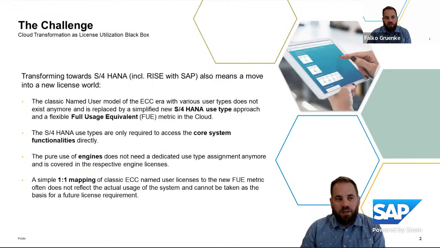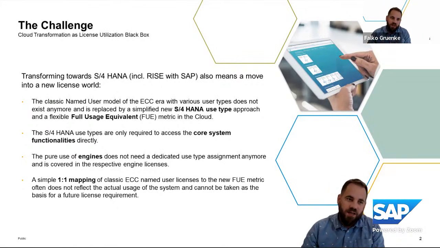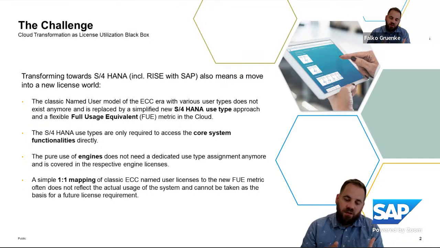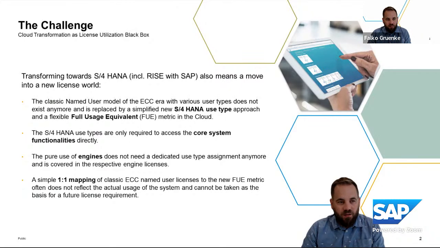When we are coming to the cloud transformation and the challenge which comes also from a license perspective, when you're moving from the existing ECC world, for most of our customers, into an S/4HANA offering or a private cloud offering combined with S/4, this means that we are digging into a new license world and a different license entitlement.